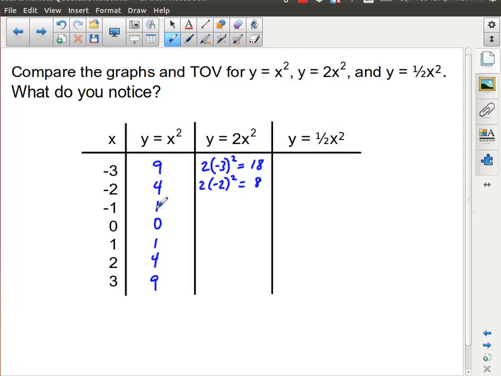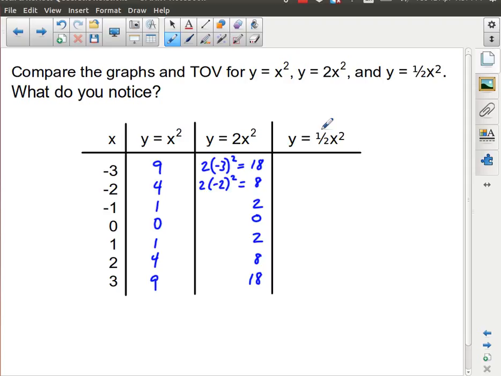So hopefully you can see that all I'm actually doing here is doubling the values from the parent function. 2 times 1 is 2. 2 times 0 is still 0. 2 times 1 is 2. 2 times 4 is 8. 2 times 9 is 18.